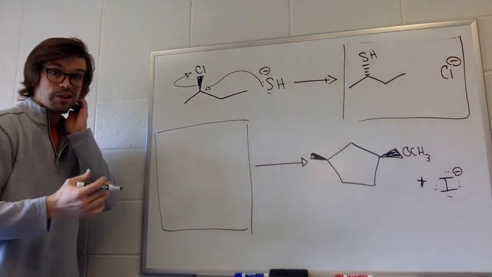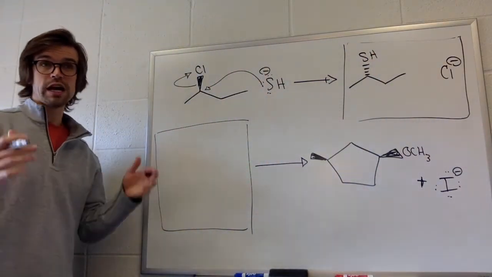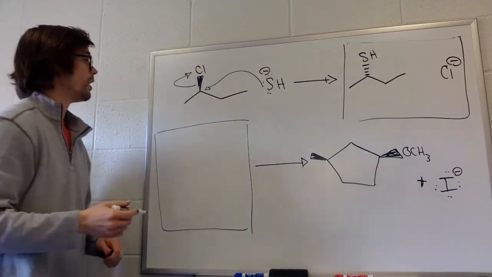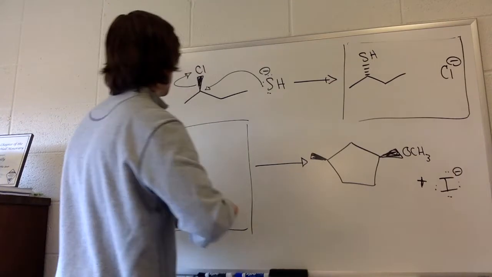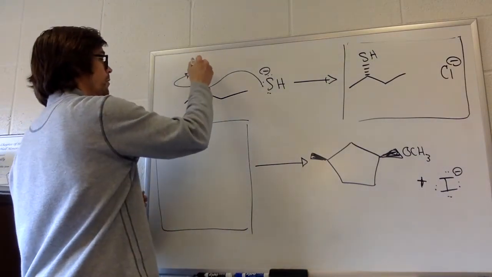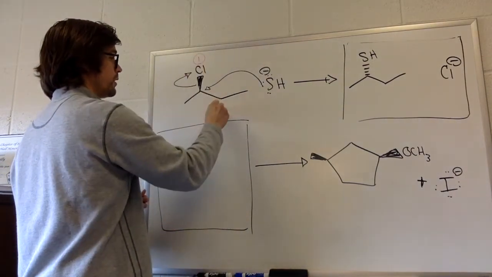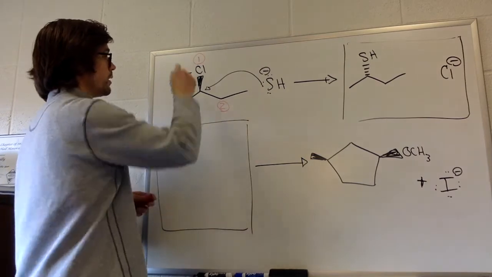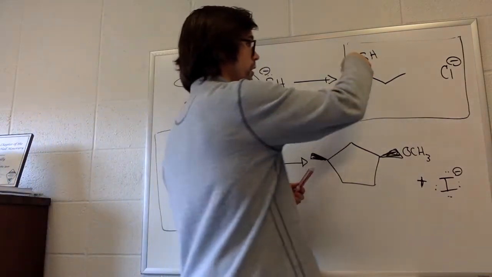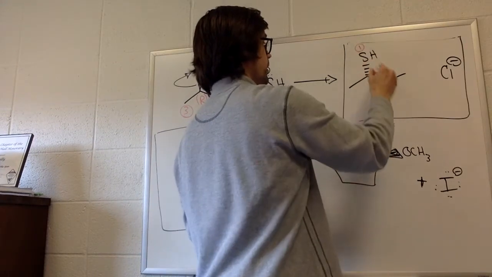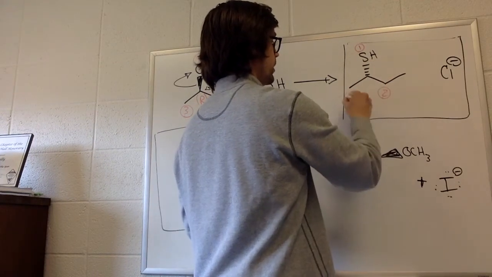Further, you should be able to check for yourself: did I draw the right structure? How can we check that? Well, if we have our first priority, second priority, third priority, this is R. Over here, we still have first priority there, second priority there, third priority here.